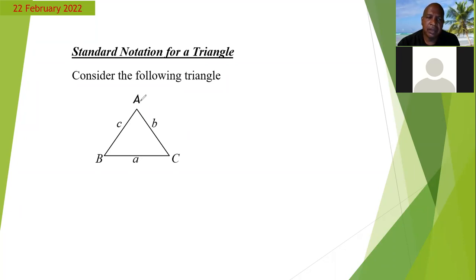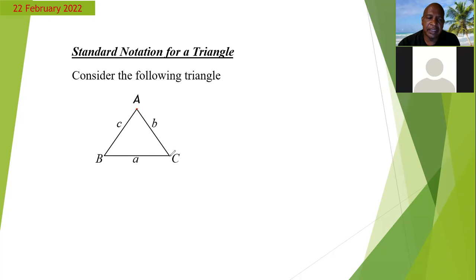So the vertex is the point where the angle also occurs, right? The opening of the sides at that vertex is a measure of the angle. Now, notice that capital A is at this vertex, but the side which is opposite to the capital letter A is labeled with the common letter A.